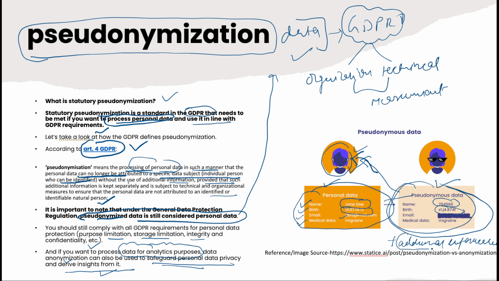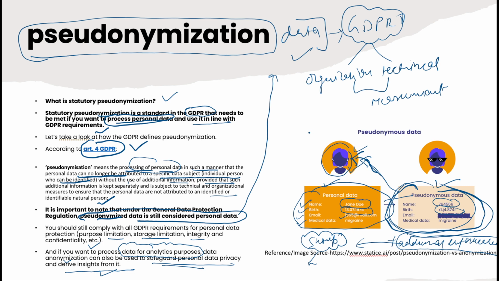If I add this additional information to this data, I can identify the person, so this additional information should be kept separately and securely, under the organization's control. So this is pseudonymization at a high level.